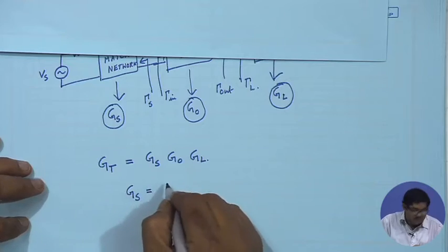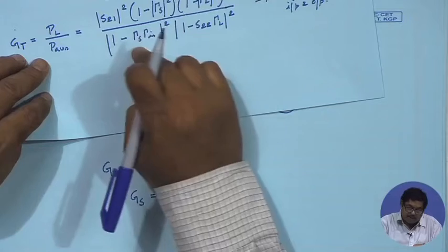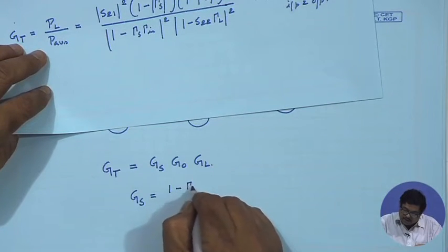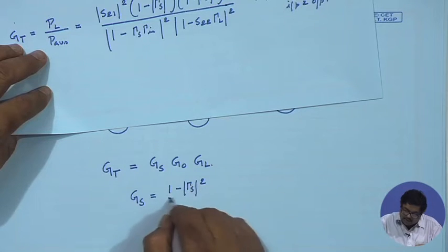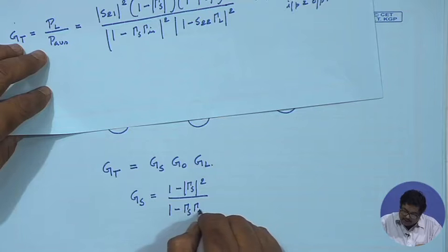GS is equal to 1 minus gamma S square, source impedance, source matching, they are coming here only.